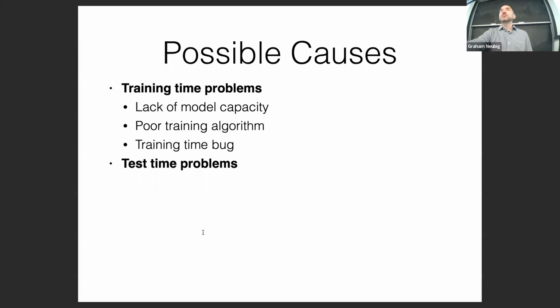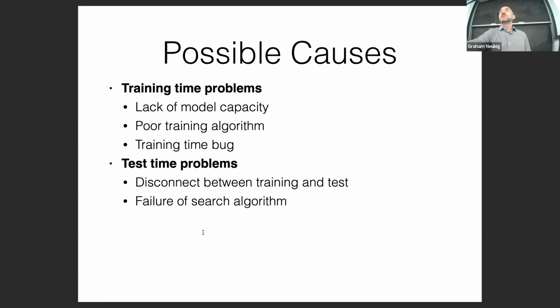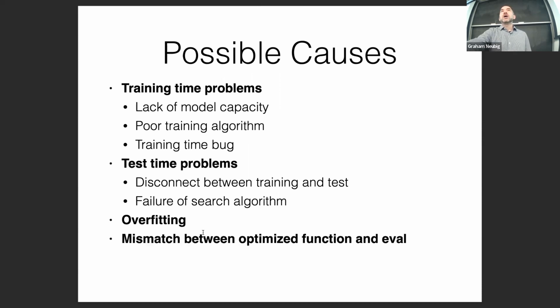You can also have test time problems, which include a disconnect between what you're doing at training time and what you're doing at test time. Failure of search algorithms if you're doing some sort of search. Another problem is overfitting. And another issue is mismatch between the function you're optimizing and how you're evaluating your model.